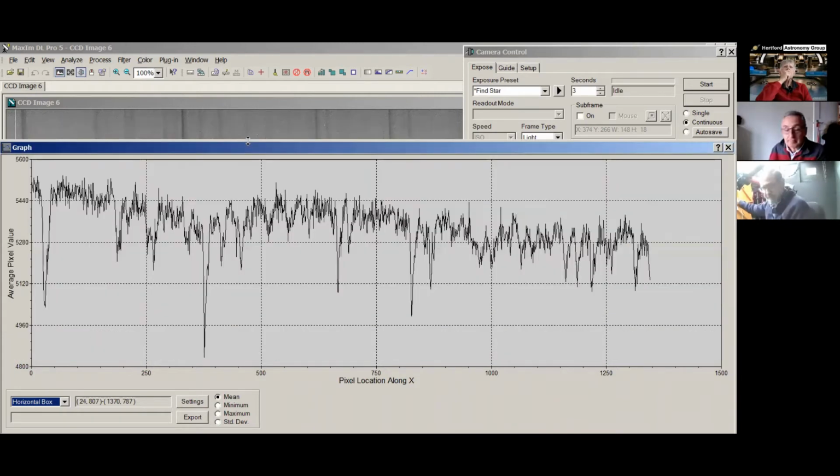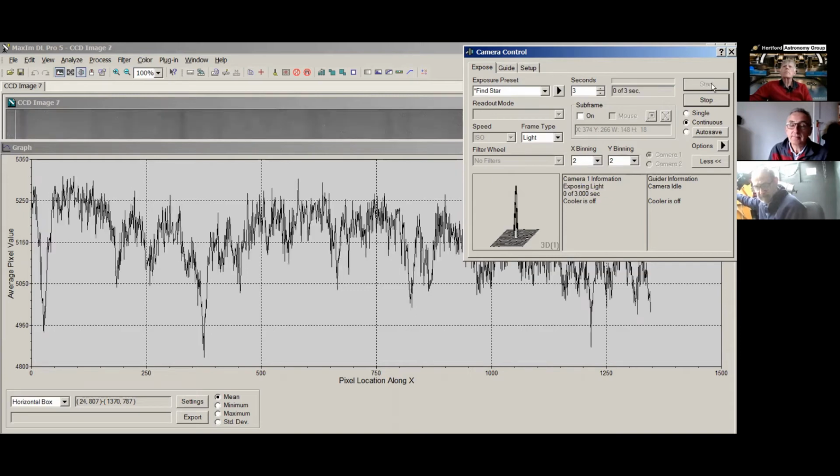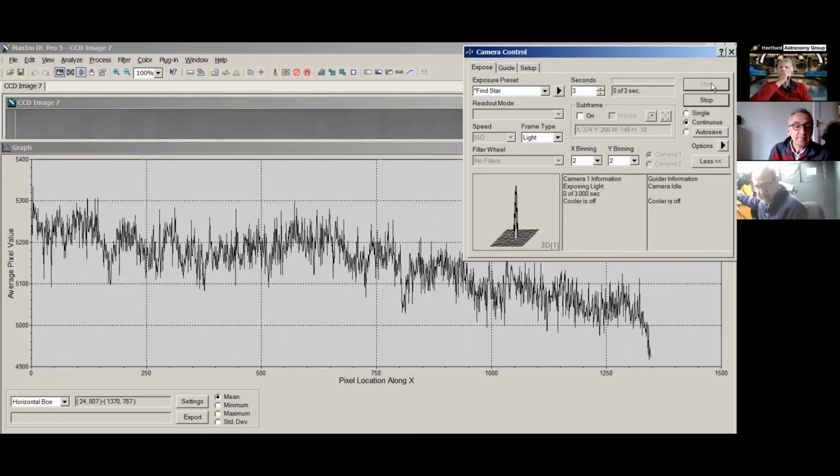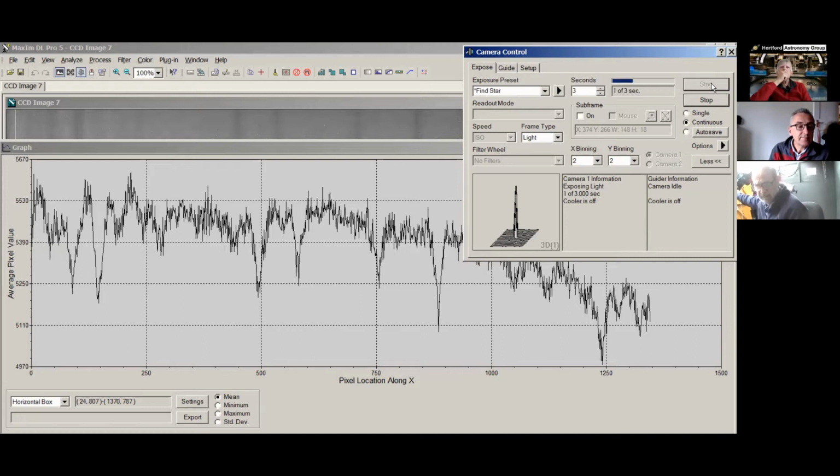Let's move it. Start again. We should be coming into the range of hydrogen alpha in a moment.